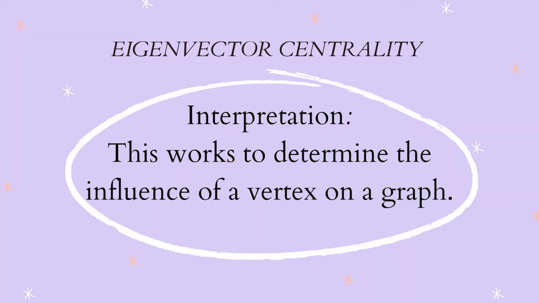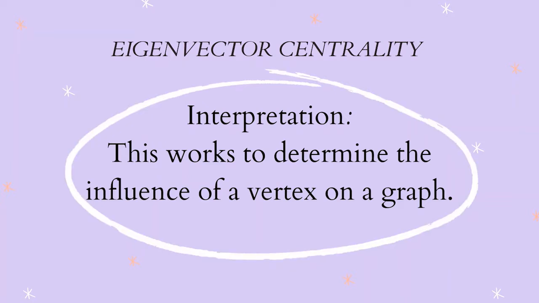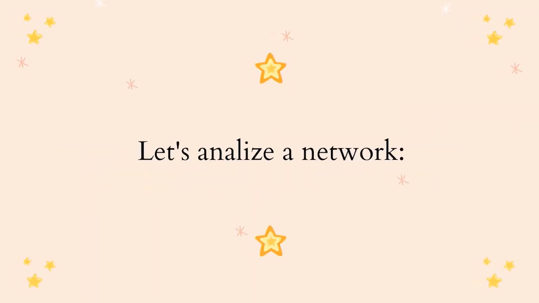This works to determine the influence of a vertex on a graph. There are so many properties of networks that we would have to make a lot of videos to talk about them. Let's analyze a network.